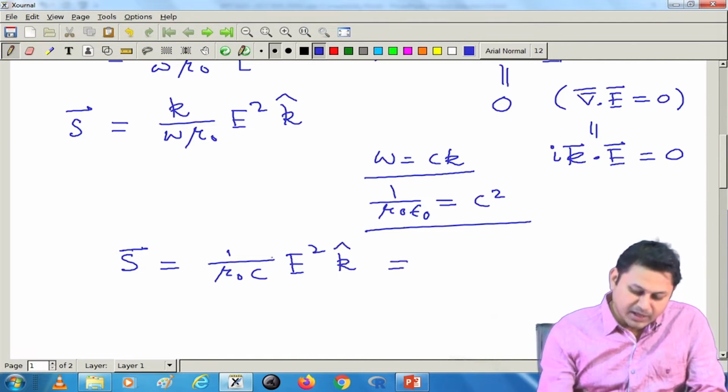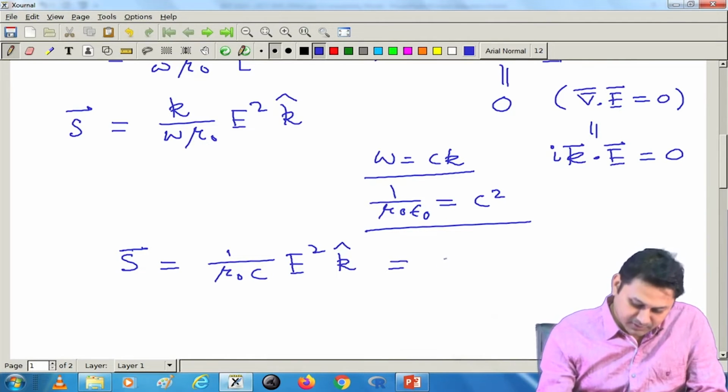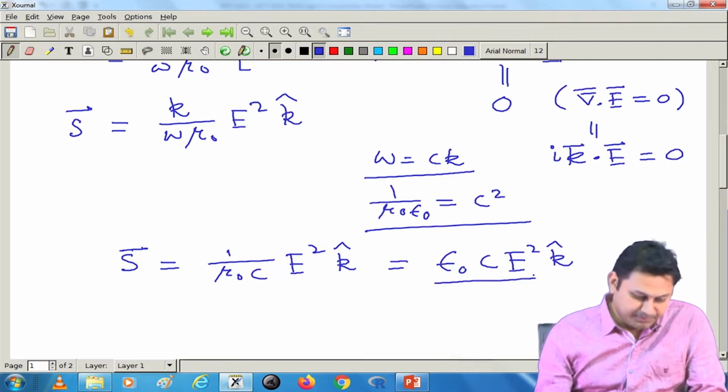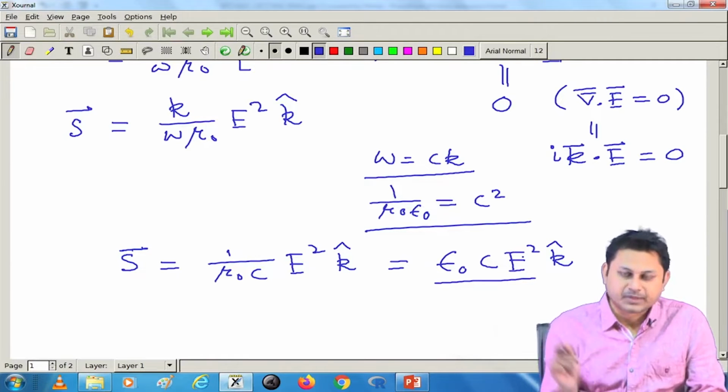Again, 1 by mu 0 can be replaced by c square epsilon 0, so epsilon 0 c, and one c will cancel out and we have epsilon 0 c E square k unit vector. This is basically the relationship of the S vector with the amplitude of the electric field E.